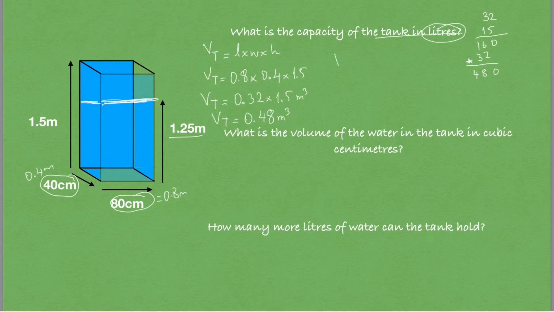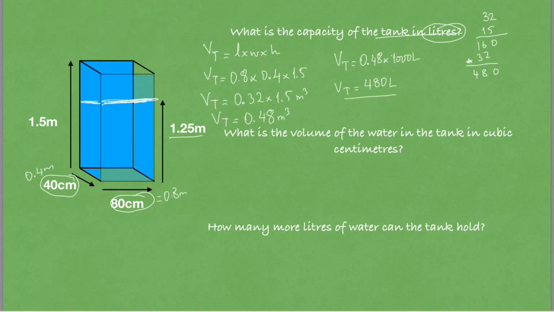So I am going to convert it by multiplying by 1000. 0.48, instead of meter cube I am going to write 1000 liter. If we multiply 0.48 with 1000, it's going to be 480 liter capacity of tank.